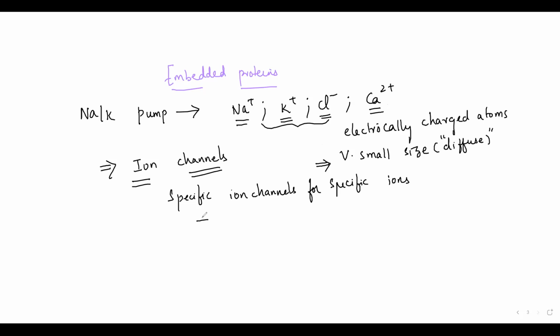But remember, children, that ion channels are actually closed. They open when the ions have to be pumped. So they can close as well as open based on their transportation process. So this is about the ion channels.